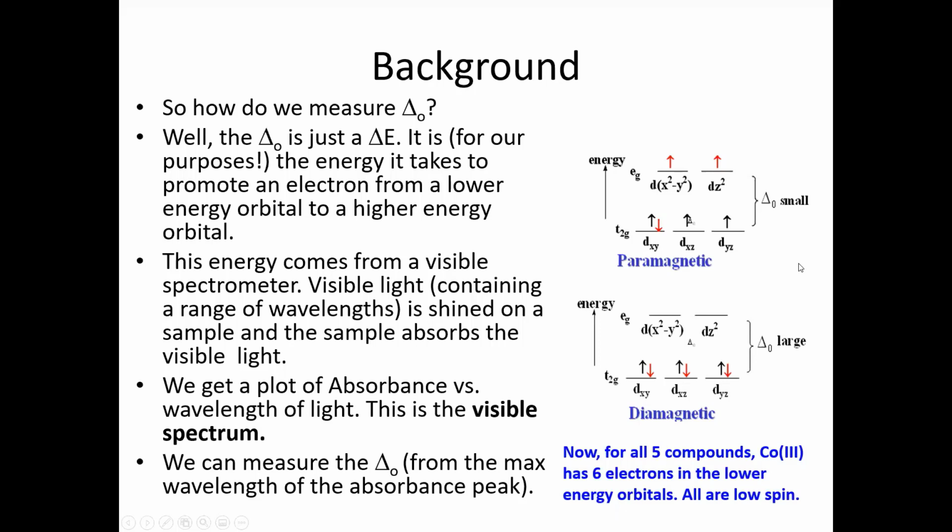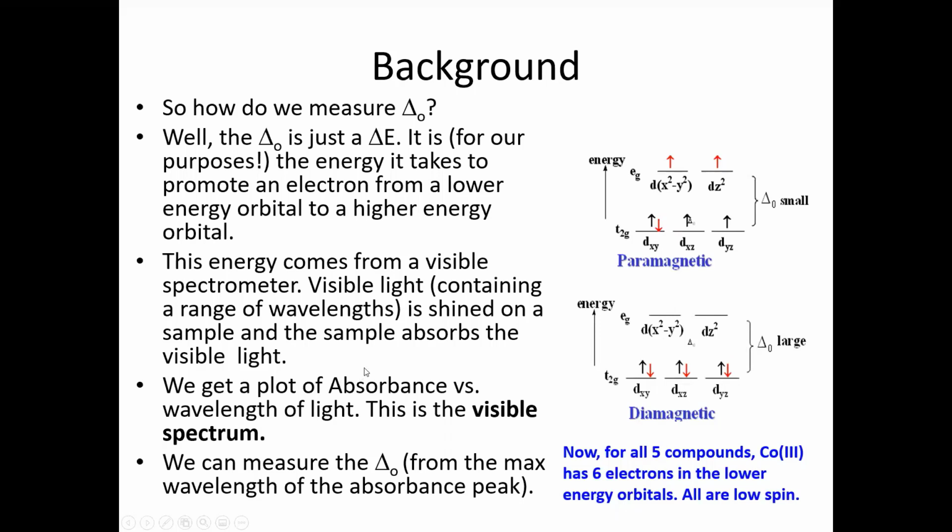You can imagine when light mixed with all wavelengths is shining on this compound, only certain energy that fits this gap can be absorbed to excite the electron to the higher energy orbitals.